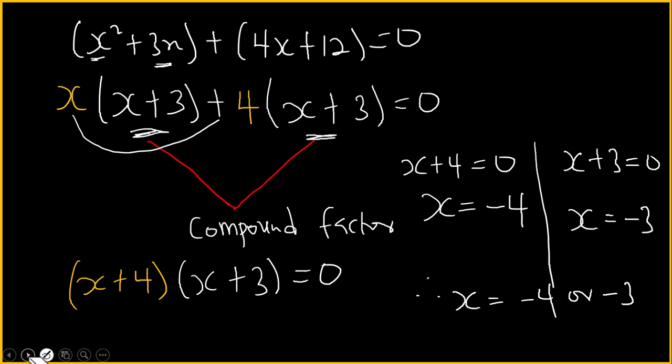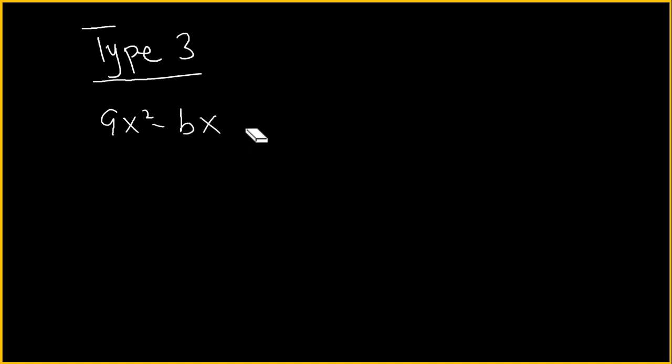The next, type 3, the third type, still under the factorization method. So when our given equation is in the form ax² minus bx is equal to 0, how do we solve this quadratic equation? So solve the following equation.